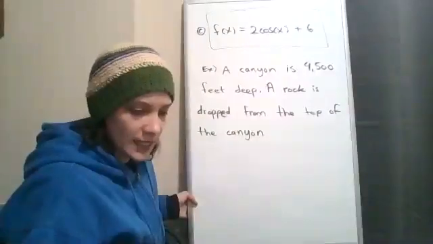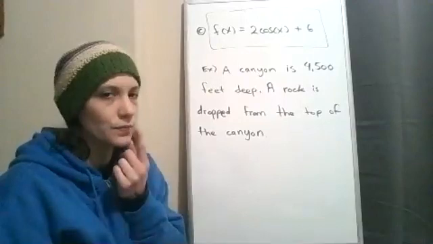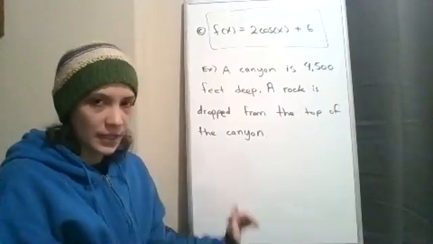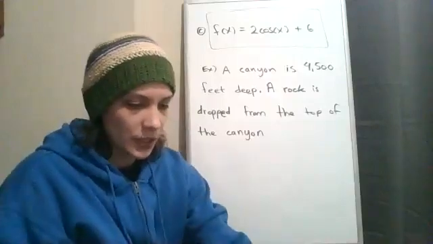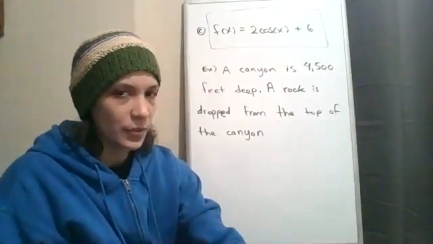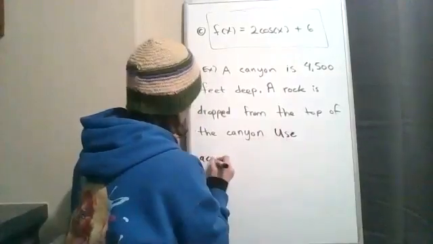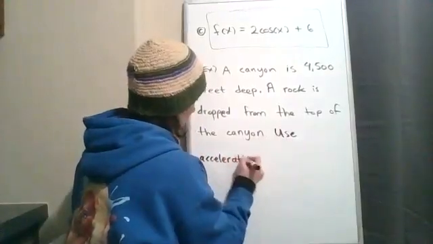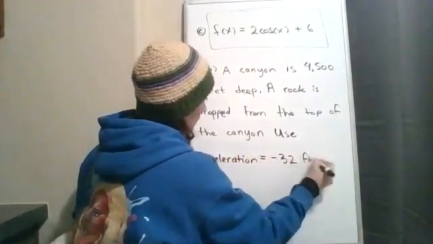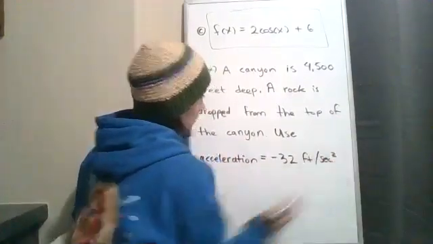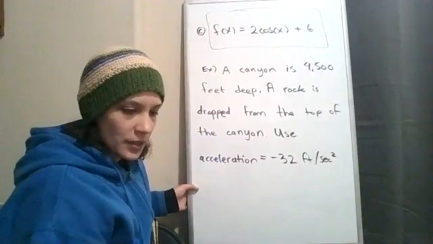We're going to use acceleration. I'll put this little side note up in a second. Finishing this problem. Use acceleration equal to -32 feet per second squared as acceleration due to gravity.